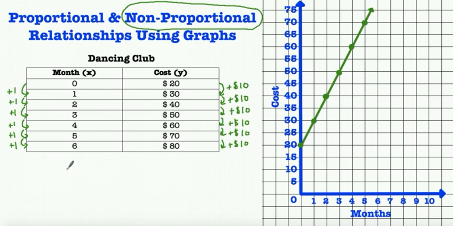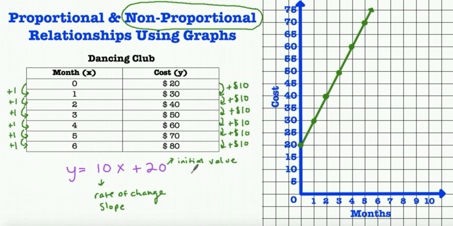So that's it. Just don't forget that when we have our equation, here we have our rate of change, which is also our slope. And here we have our initial value, which is also our y-intercept.